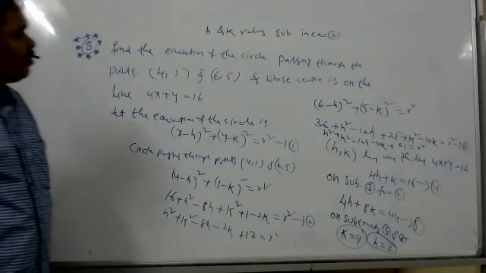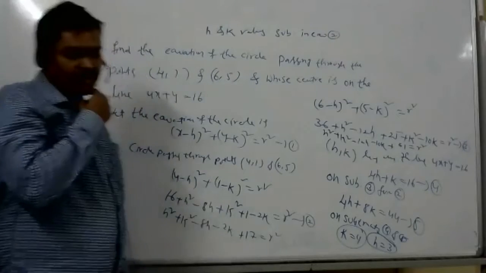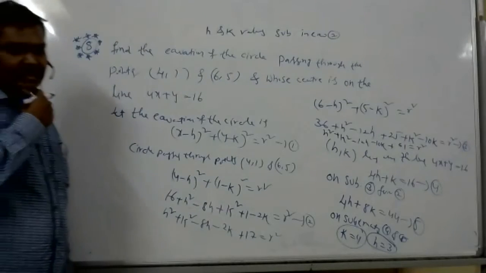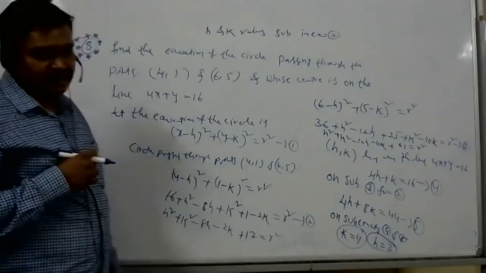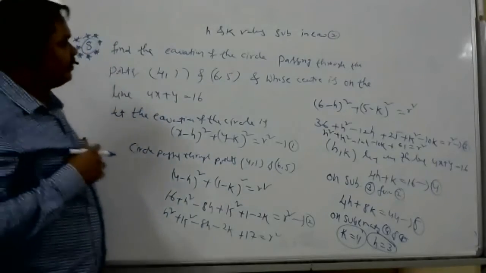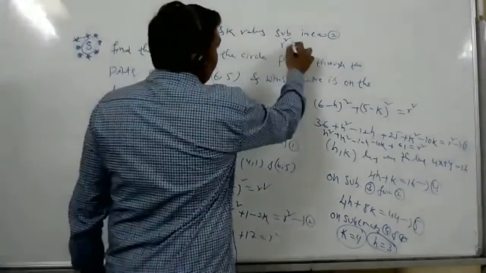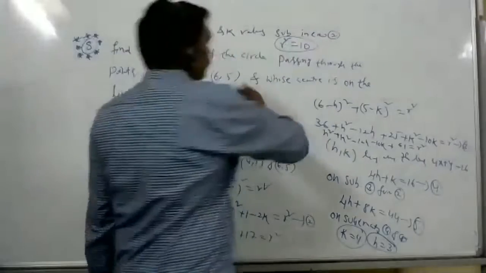Then r square is equal to (4 minus 3) whole square plus (1 minus 4) whole square, which is r square. R square is equal to 10, right? R square is equal to 10.